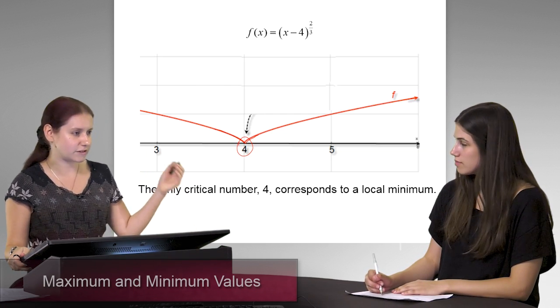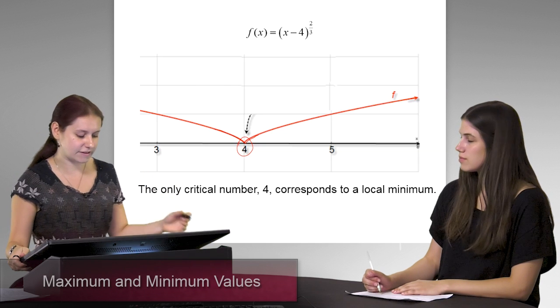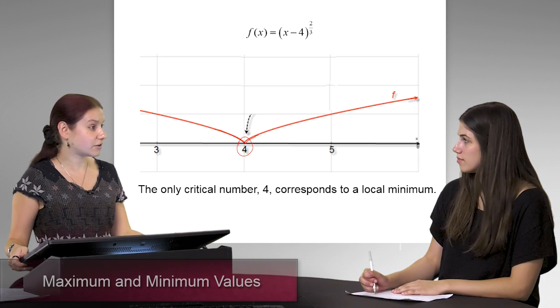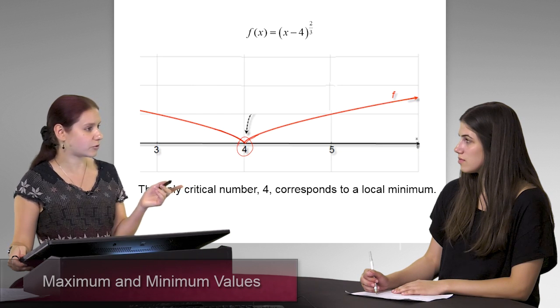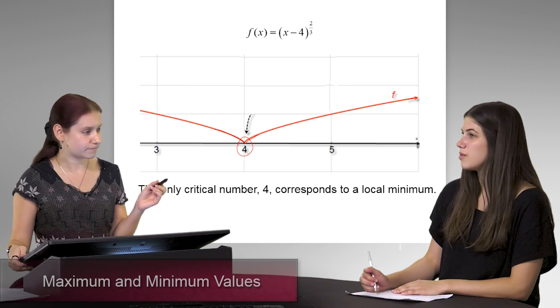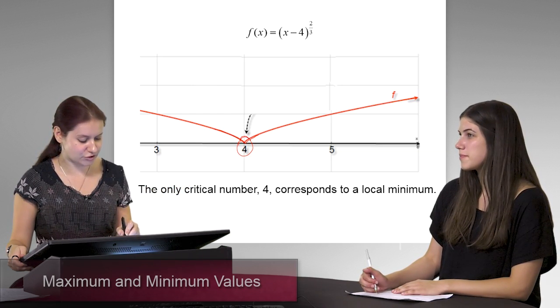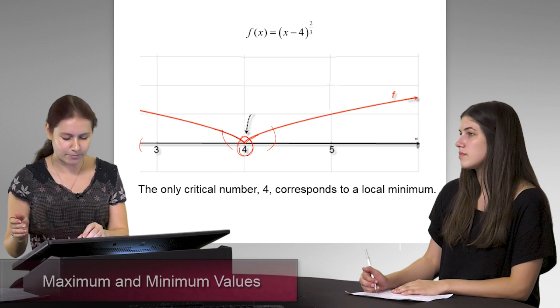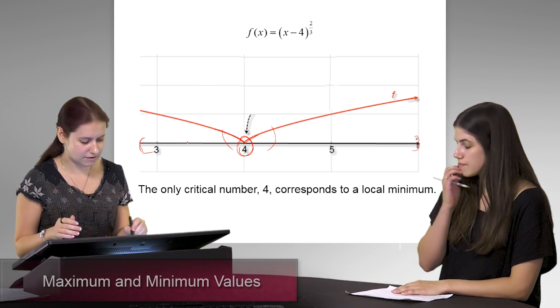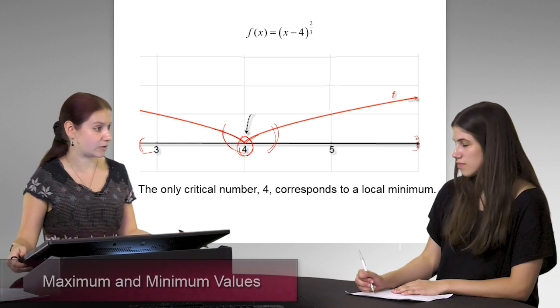So that's why we got this undefined derivative at the point, and it's the only critical number we have here. This one corresponds to a local minimum, the smallest number locally. I don't know what's going on after whatever I see on the graph, but I know that here, locally, it is a local minimum.